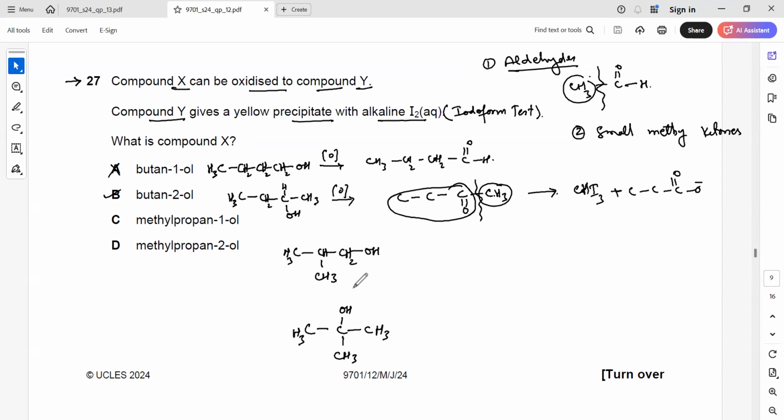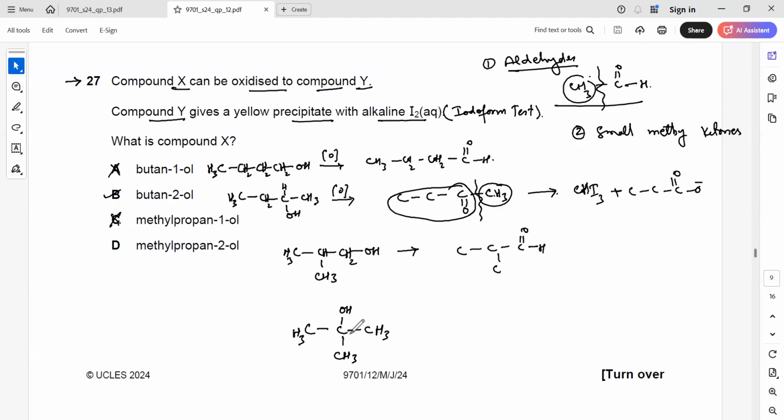Methylpropan-1-ol is again a primary alcohol. So on oxidation, that will give us an aldehyde. And as we can see, the aldehyde produced will not be ethanal. So option C is incorrect.